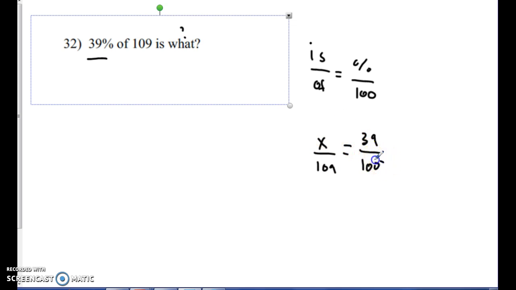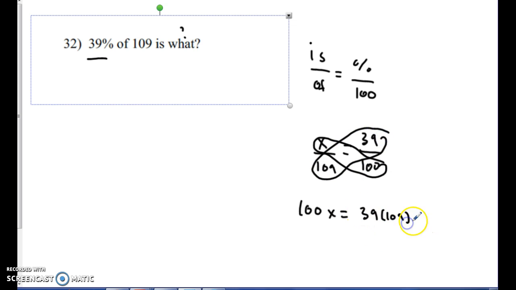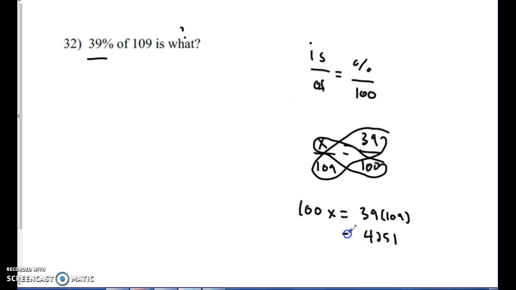So we're going to cross multiply. I have 100x equals 39 times 109, which turns out to be 4,251 equals 100x. Divide both sides by 100, and I got x to be 42.51.